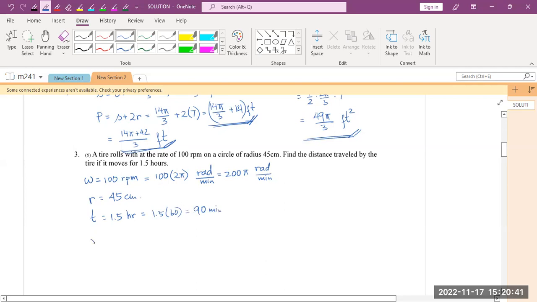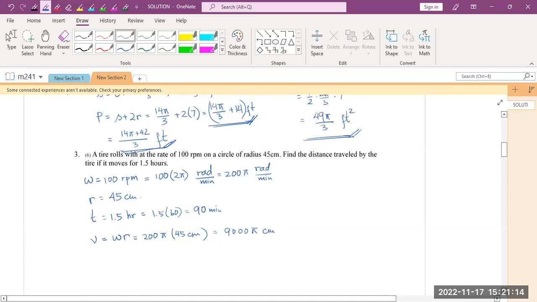The linear velocity will be the angular velocity times the radius. So that's 200 pi times 45 centimeters, which is 9000 pi centimeters.